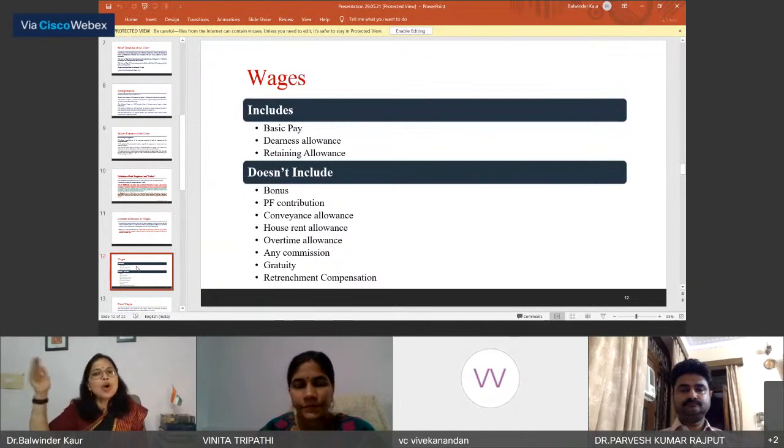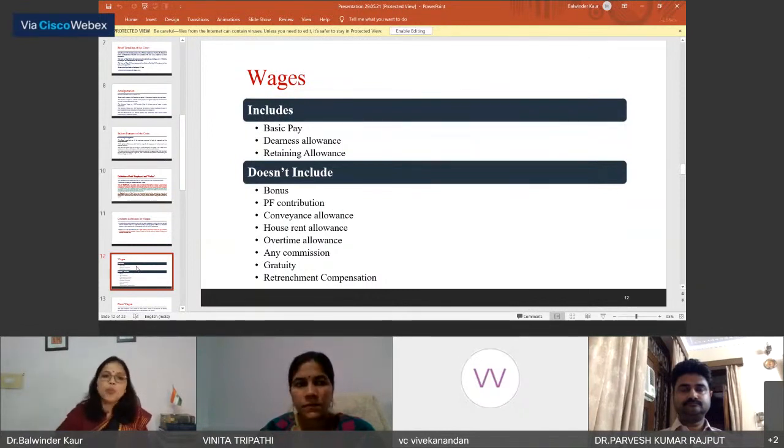So if the exclusions exceed 50% of the wages, or anything prescribed by the central government, then that excess would be considered as wages. So it is not very clear what would be considered as wages under the Code on Wages, though the definition is given. We need more clarity when it comes to the Code on Wages 2019.